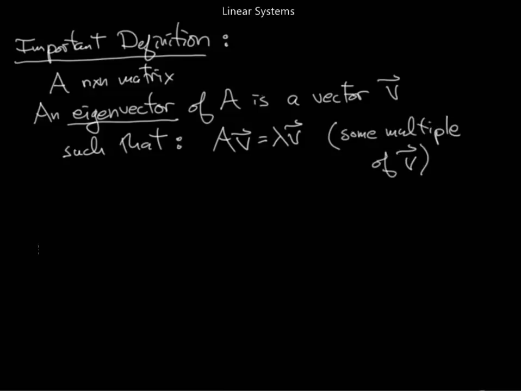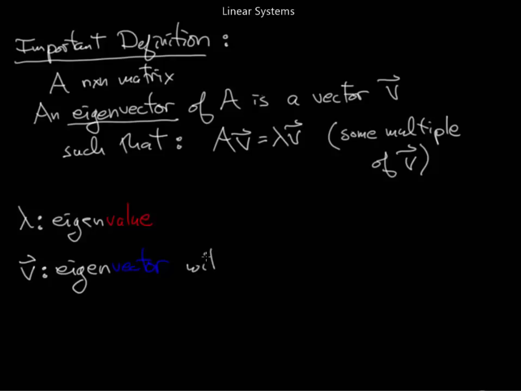So in the previous page, that happened with 2 and 3. Lambda is called the eigenvalue, and the vector v is called an eigenvector. And you say that v is an eigenvector with eigenvalue lambda.